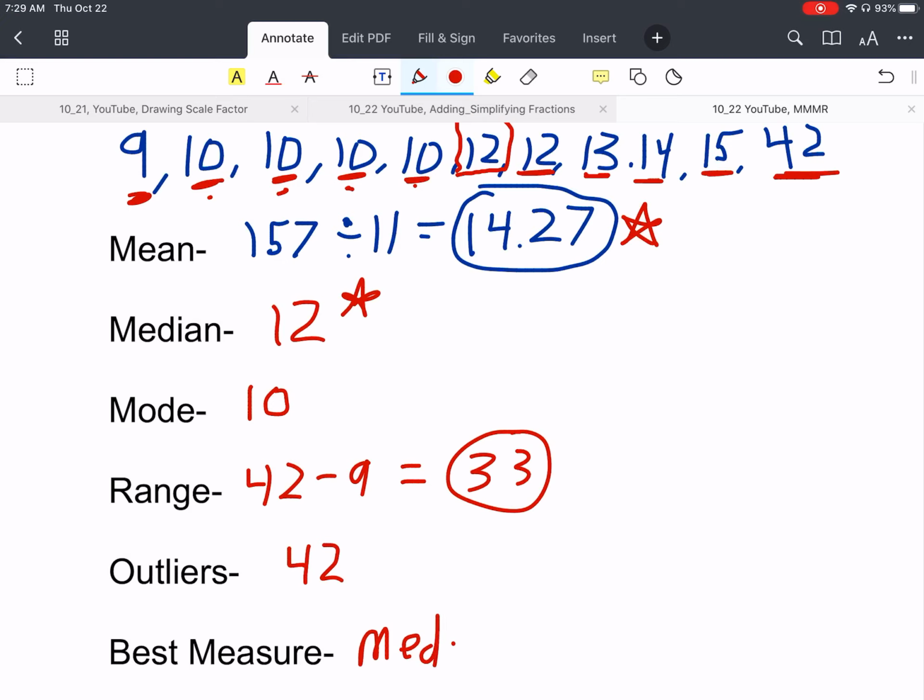Now, if you decided to use the mean as the best measure, that would be perfectly fine. Usually when commercials or statisticians use the average, that means they are trying to persuade you to look at data in a certain way, because that includes outliers.